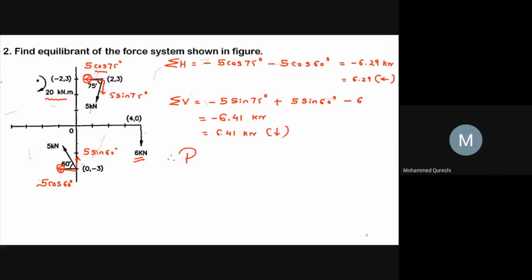Now we will use the equation capital R equals to under root of sigma h square plus sigma v square. So after putting the values of sigma h as 6.29 and sigma v as 6.41, we will get the value of resultant as 8.98 kilonewton. And we know that tan theta equals to sigma v by sigma h.